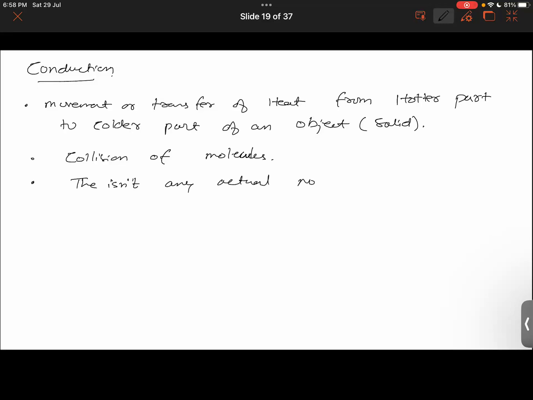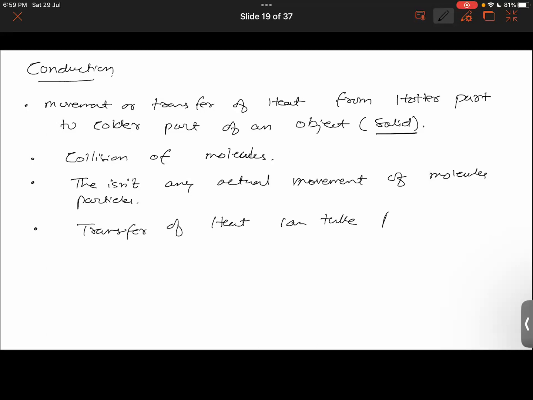Are you getting these concepts now? Molecules, particles, right? And one more condition, as I said, is that it occurs between solids. So transfer of heat can take place from one solid to another, right?